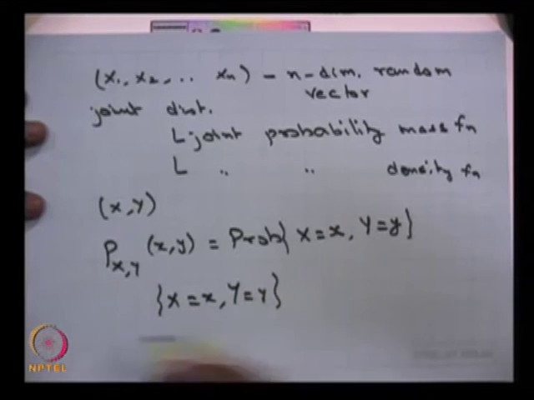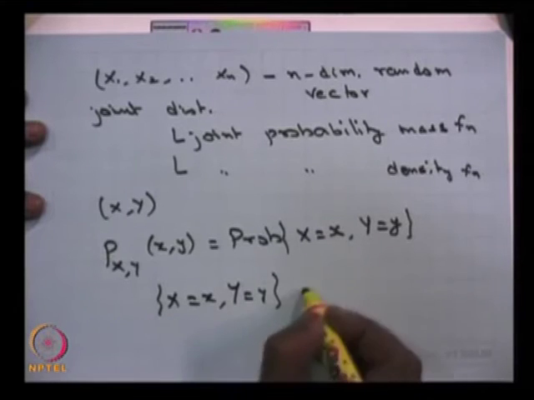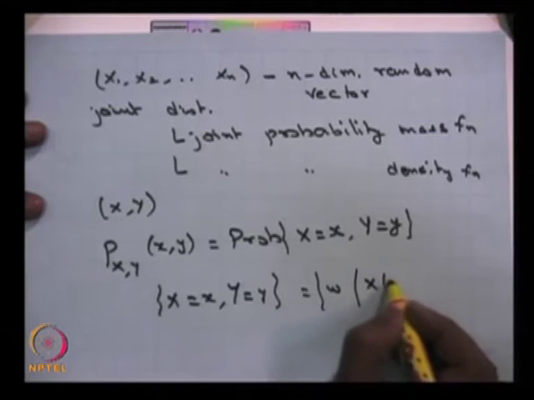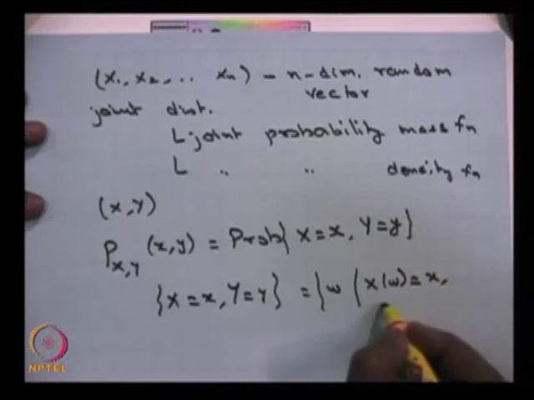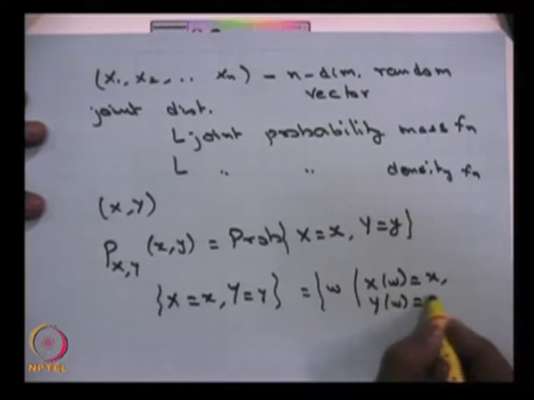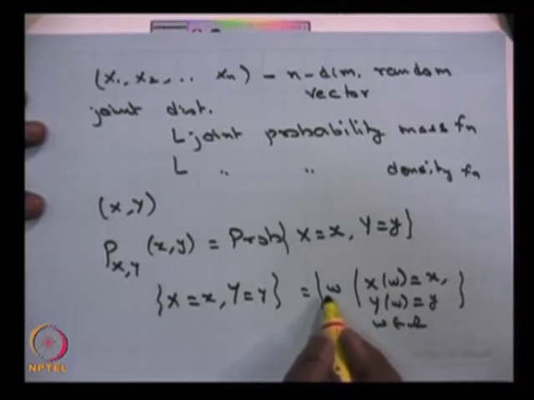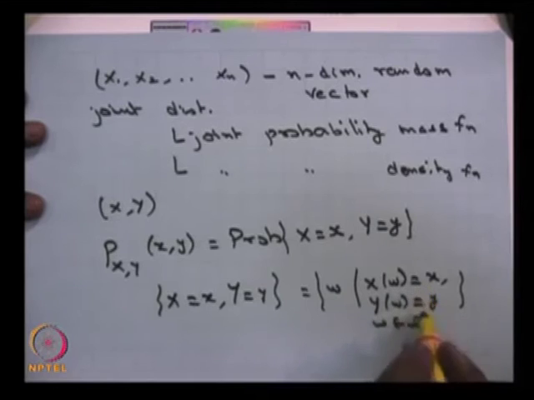For all possible values of (x, y) you relate the event in which X(w) gives the value x as well as Y(w) gives the value y, where w belongs to omega. That means you collect the possible outcomes w such that both conditions are satisfied.